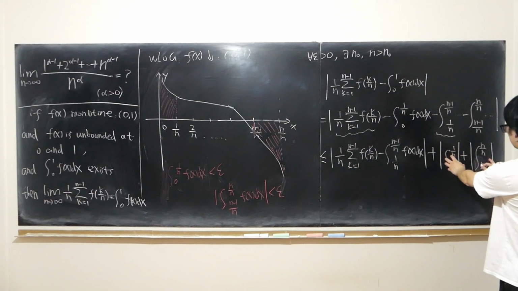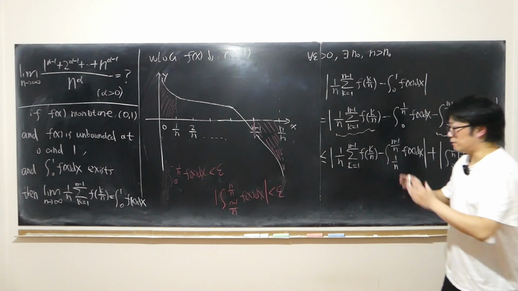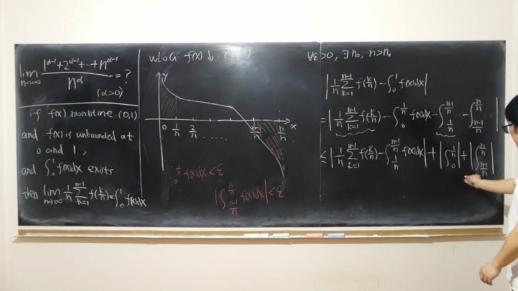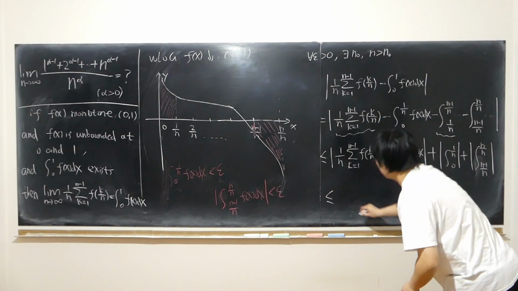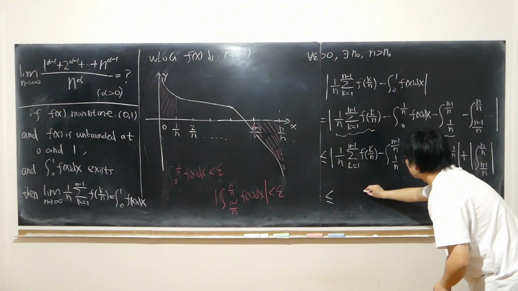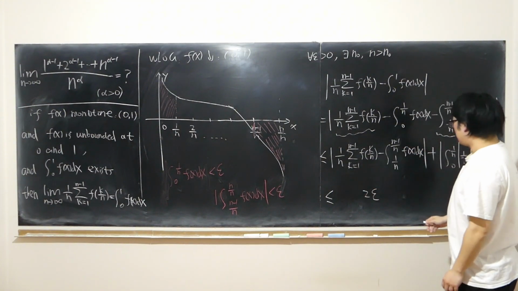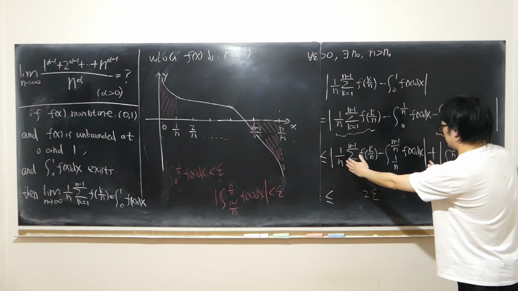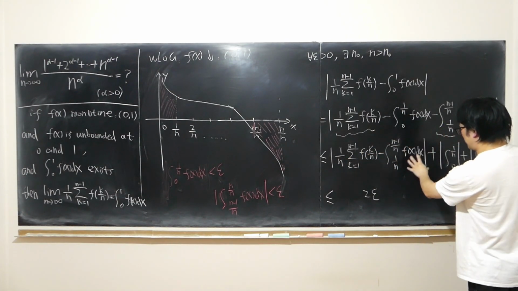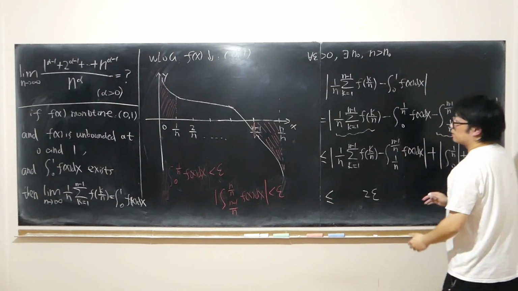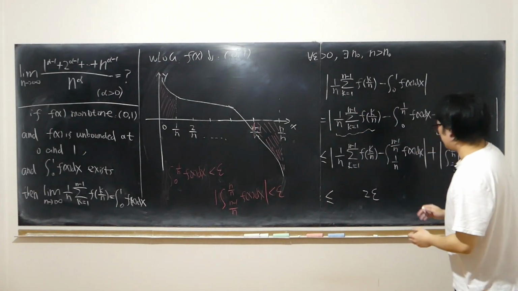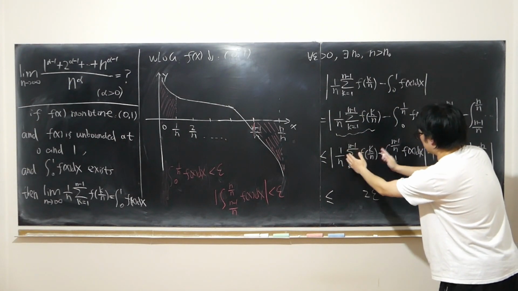So these two integrals, like I said, I've already shown they're small enough, less than or equal to, for example, epsilon plus epsilon, 2 epsilon. As for this absolute value, first of all, this is a standard Riemann integral from this point to this point, and this is the Riemann sum.